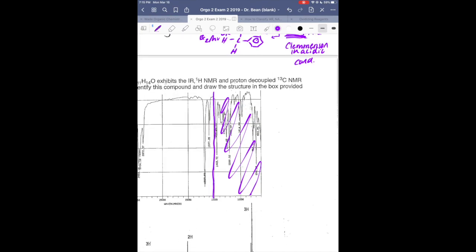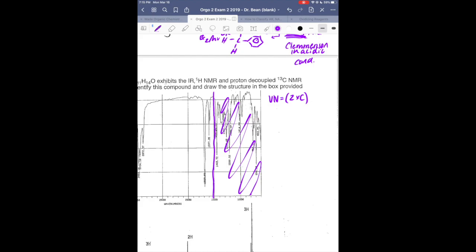What do we have to do before we even look at the IR? You want to calculate your unsaturation number. So that is my bad. Make sure you do that first, because that really will clear up some things for you and give you some more clarity.